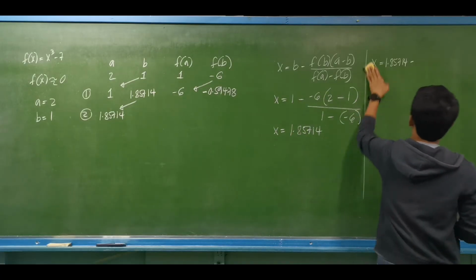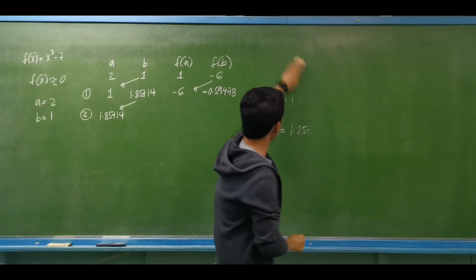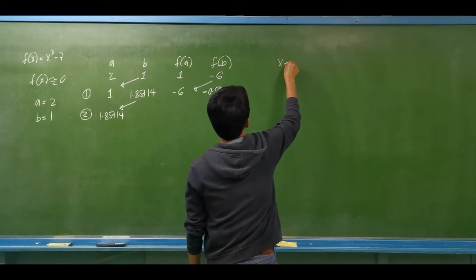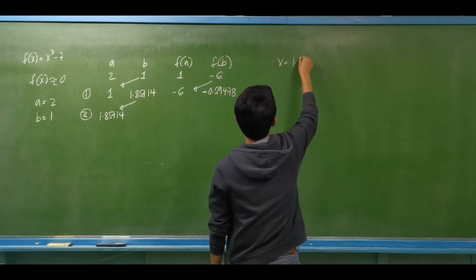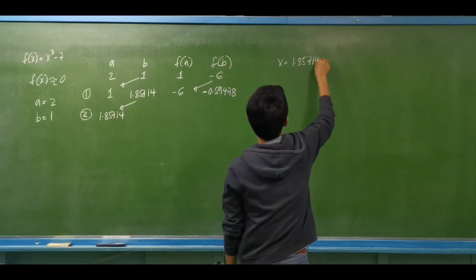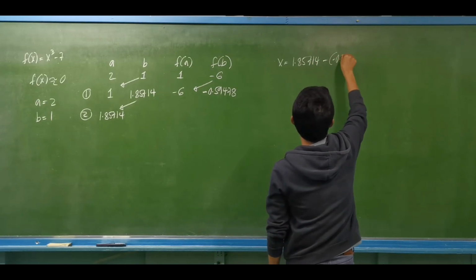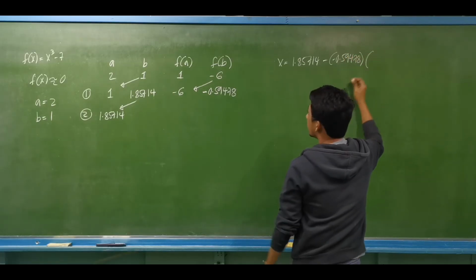We don't have enough space for this one, so I'm computing for the next value of b. x is equal to the previous value of b, that is 1.85714, minus f of b, which is negative 0.59478. Then we have a.